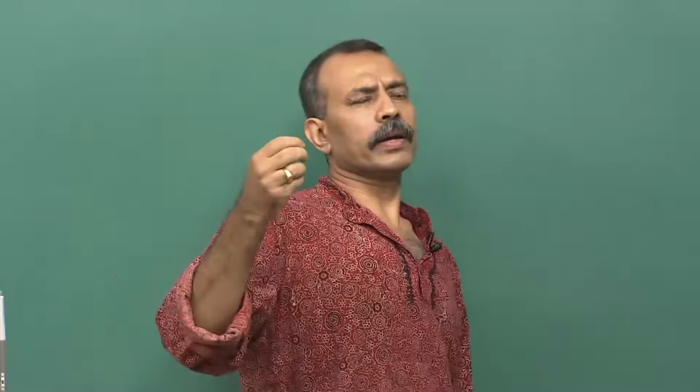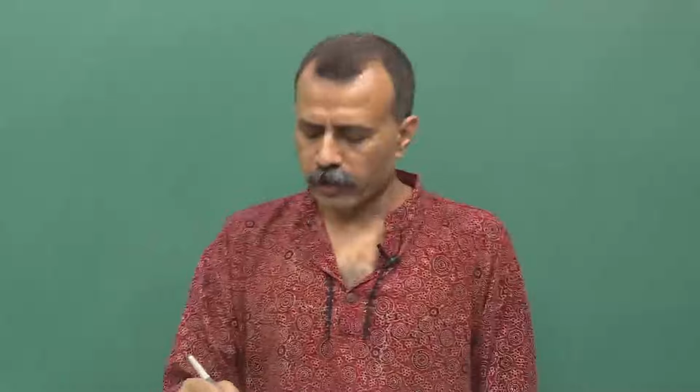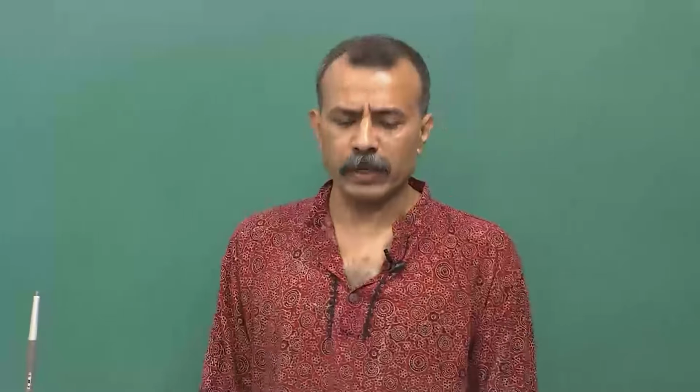If I exactly recollect, there is a higher concentration of sodium chloride in neurobasal A. So, essentially you can take neurobasal regular and add the prerequisite amount of NaCl to make it neurobasal A. Okay. So, this is how you convert neurobasal into neurobasal A. As a matter of fact, in this course, this is the first time I am introducing a specific medium.